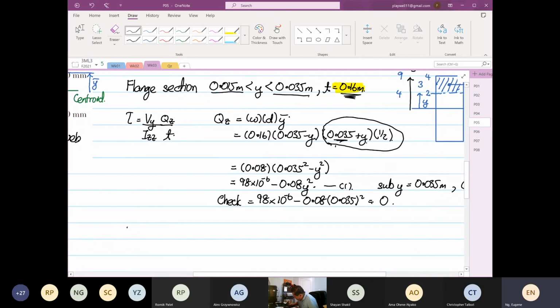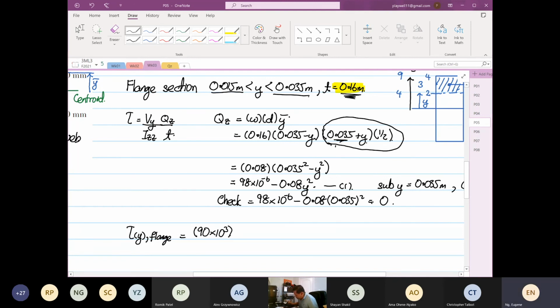So the shear stress as a function of y, we are looking at the flange. So this will be equal to V, which is equal to 90 times 10 to the power 3.